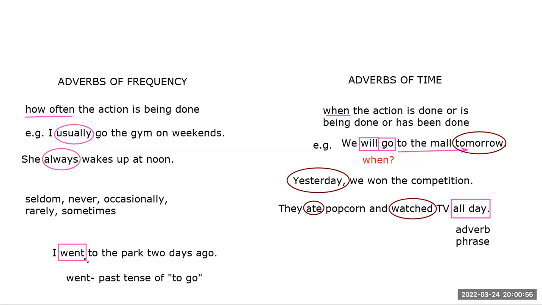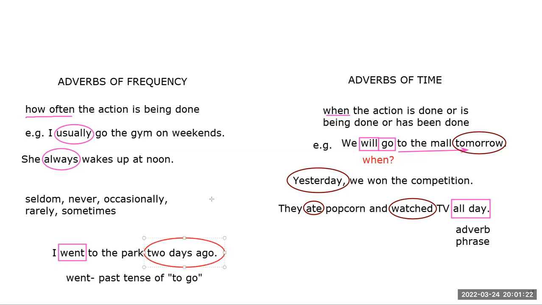So it's good that we know our verb. That means we can now figure out what question we should ask. How often or when? And when we ask the question, good job, we get an answer when we ask when. When did I go to the park? I went 2 days ago.